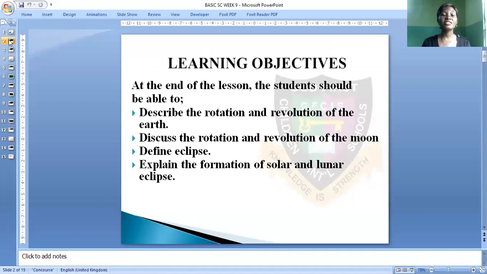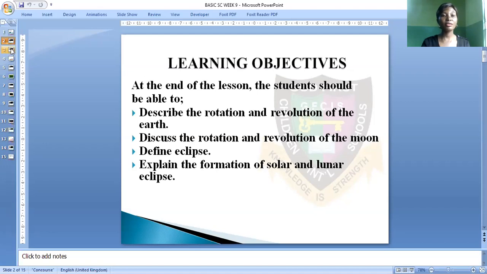Number 2, discuss the rotation and revolution of the Moon. Number 3, define eclipse. And number 4, explain the formation of solar and lunar eclipse. So these are the learning objectives that you must be able to explain at the end of the class.